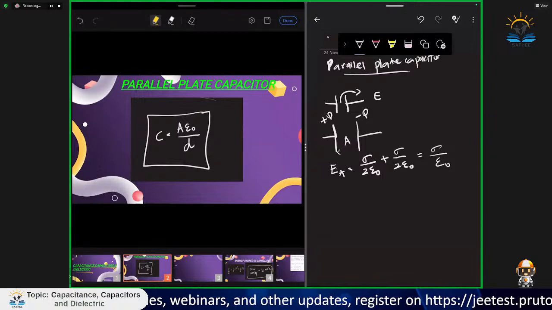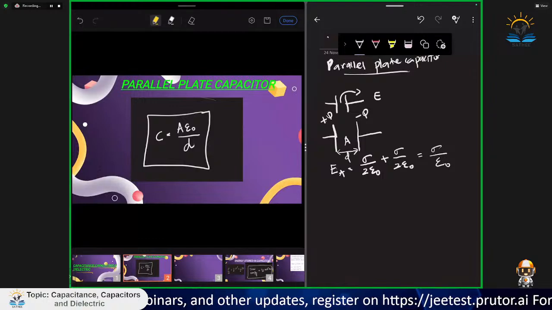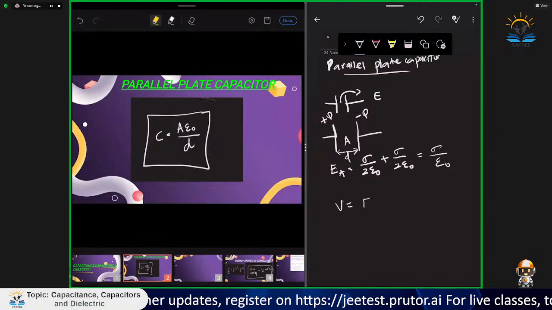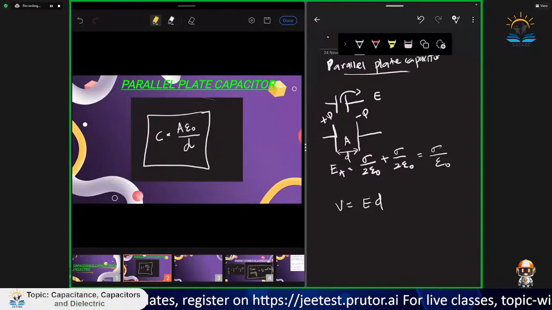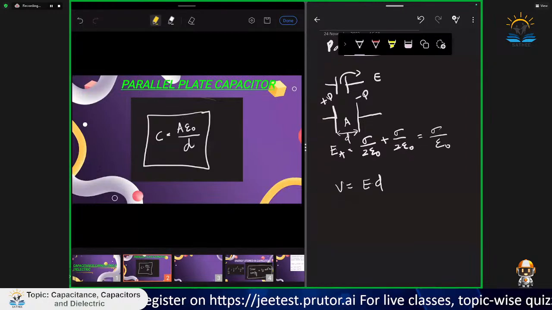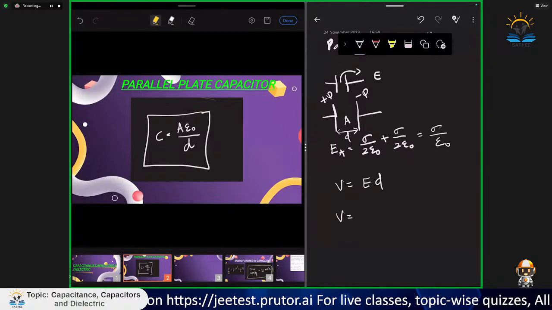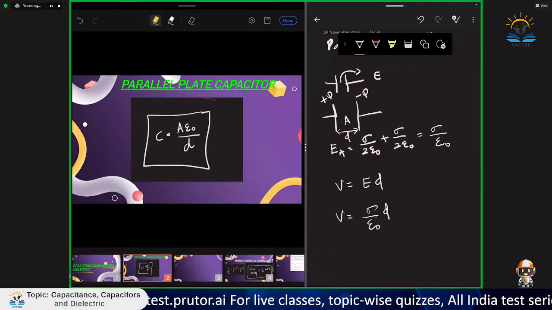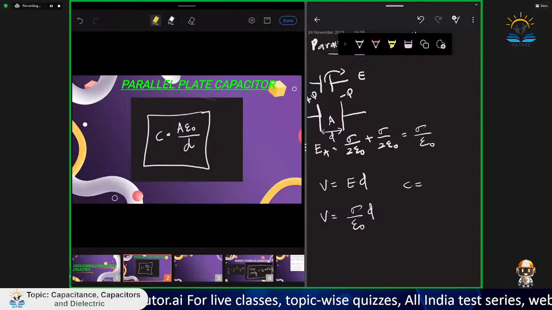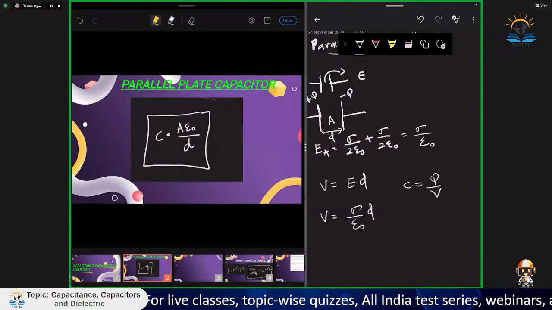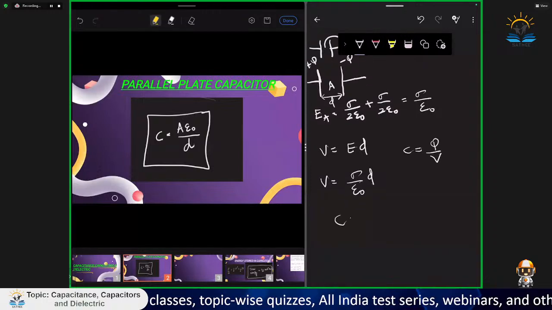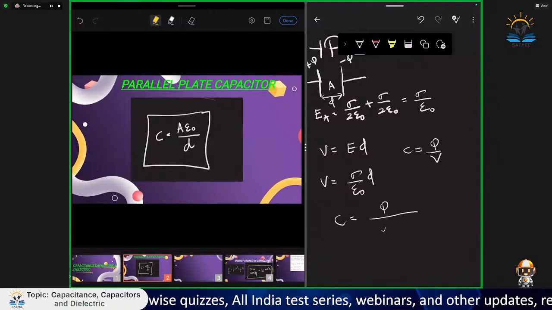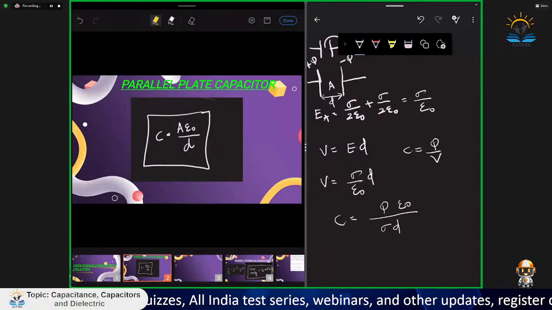If these two plates are separated by distance d, the potential difference will be E times d. So the potential difference will be sigma by epsilon into d. And we know that C is equal to Q by V. That is, capacitance C is equal to Q over sigma d by epsilon.